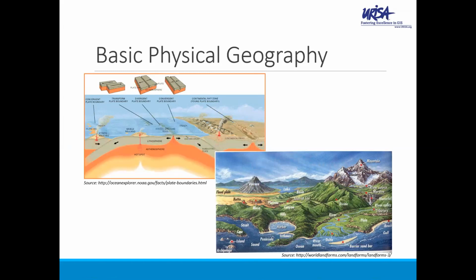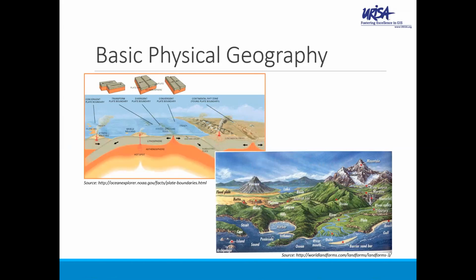Another aspect of physical geography that would be good to revisit would be your plate boundaries. Have an understanding of divergent versus convergent versus transform, also known as strike slip, and your continents, your landforms, the topography, and also a good understanding of the differences of scale.